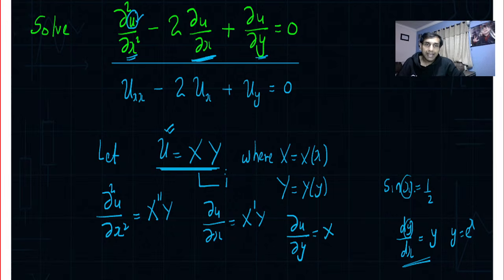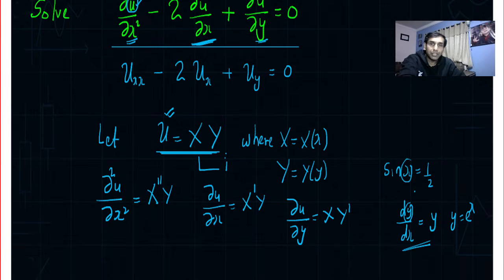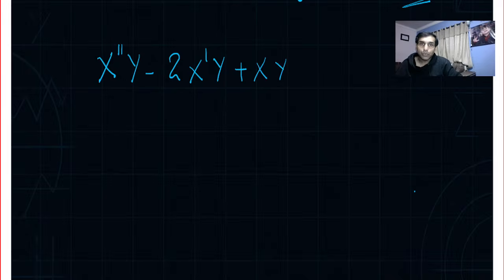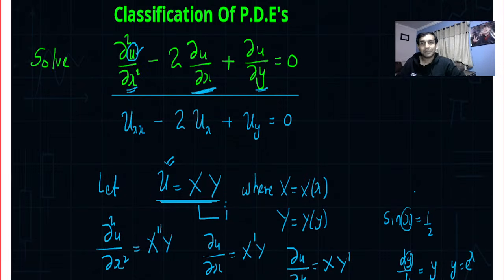So I'm going to get X Y dash. Anyway, I'm going to plug everything into the equation. So I will eventually get X double dash Y minus 2 X dash Y plus X into Y dash equal to 0. Okay, I know some of you are confused. Wait a minute.